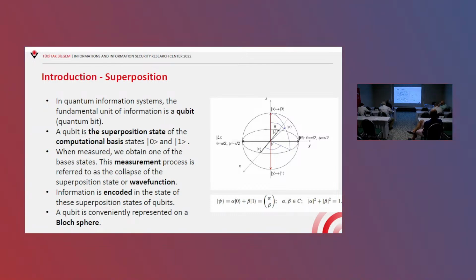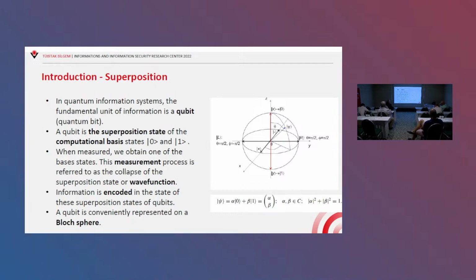Based on how we position this qubit in the Bloch sphere, for instance, if we want to encode the one state, we could position it in the positive z direction on the Bloch sphere, and that qubit would represent one state.